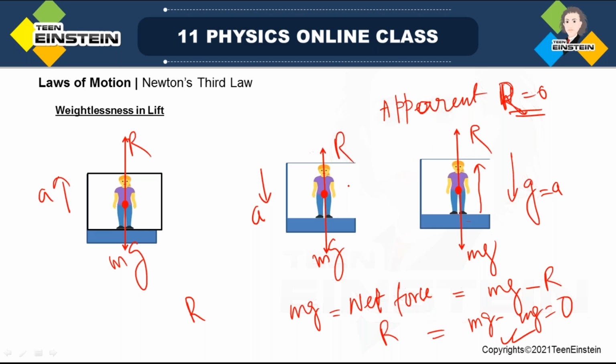At that time, if the air resistance is negligible, then they are actually falling under gravity. So in this case, the acceleration is equal to the acceleration due to gravity, because it is freely falling.